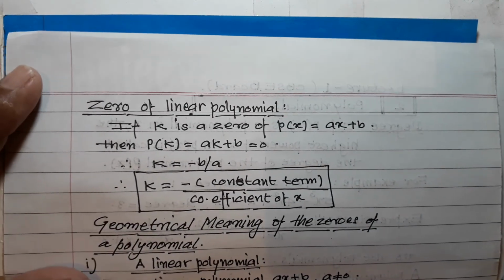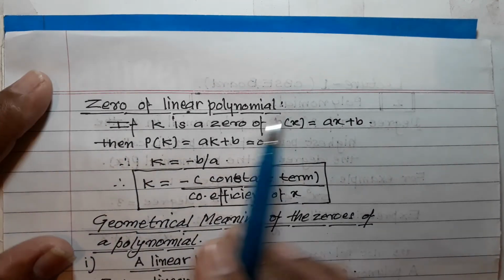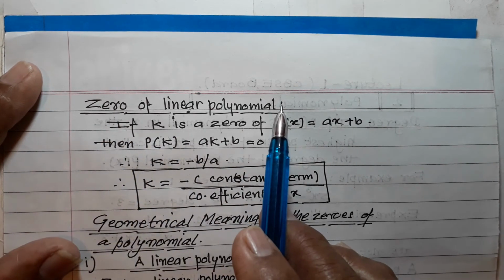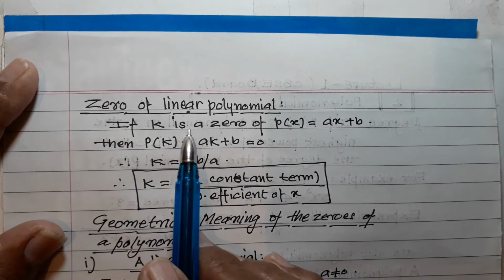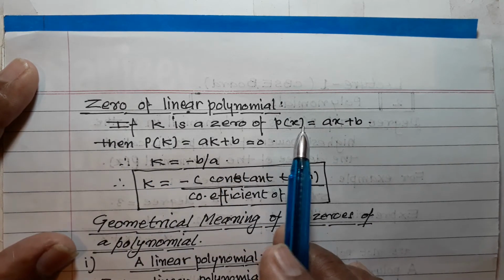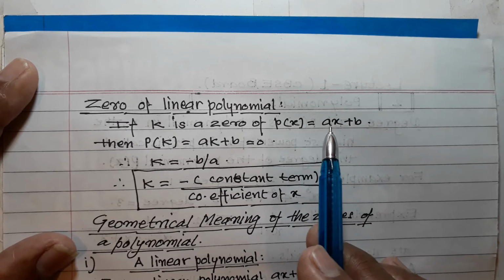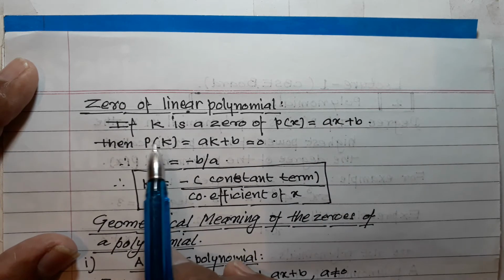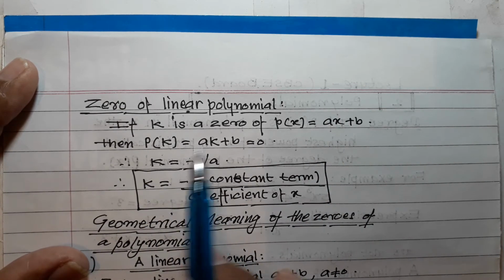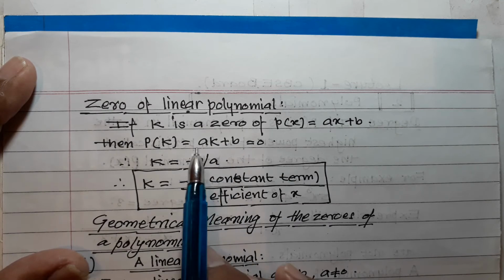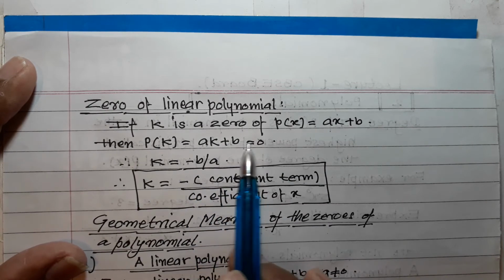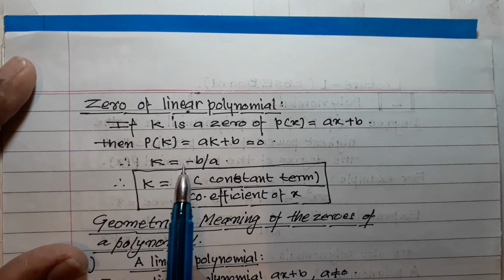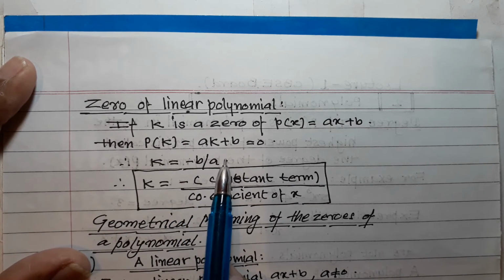Now try to understand zeros of polynomials. Zero of a linear polynomial. If k is a zero of P(x) equals ax plus b, this is a linear polynomial, then P(k) is equal to, for x you substitute k, ak plus b equal to 0, and therefore k is equal to minus b upon a.